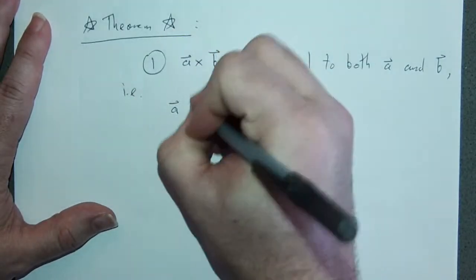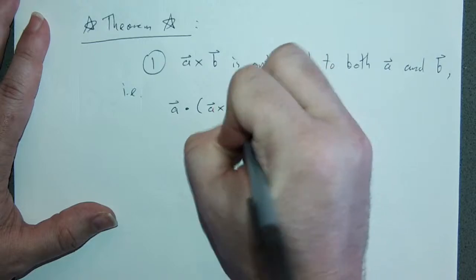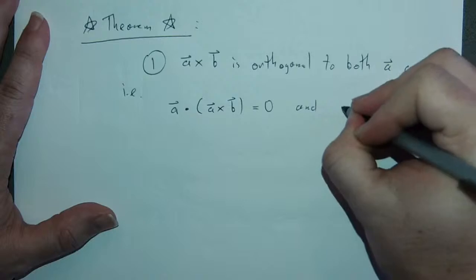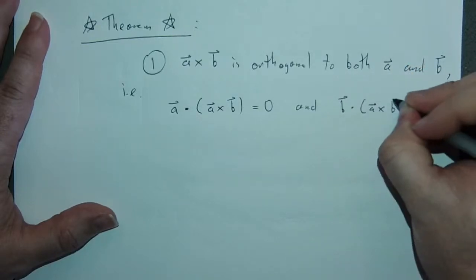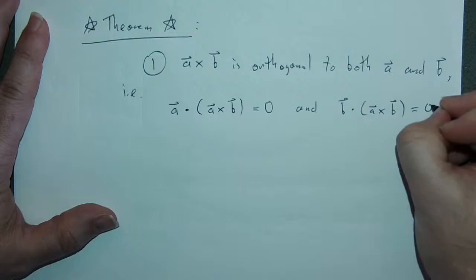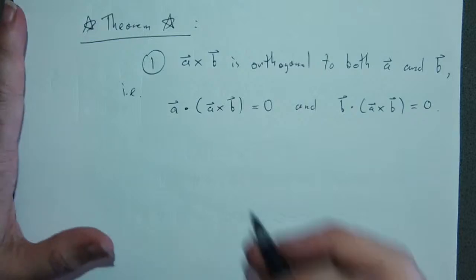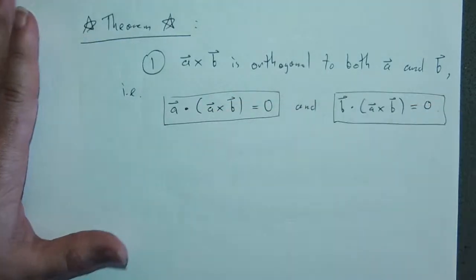This means that A dotted with A cross B is 0, and B dotted with A cross B is 0. Because of course the dot product is a nice way of telling when two vectors are perpendicular or are orthogonal. Okay, and so you can check on your own that this is always true.